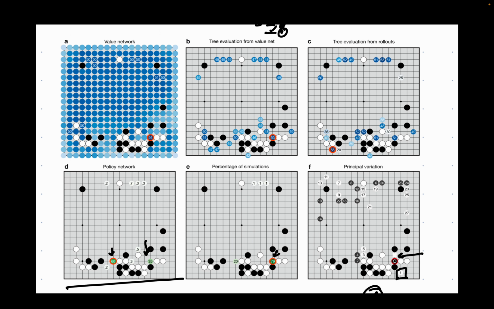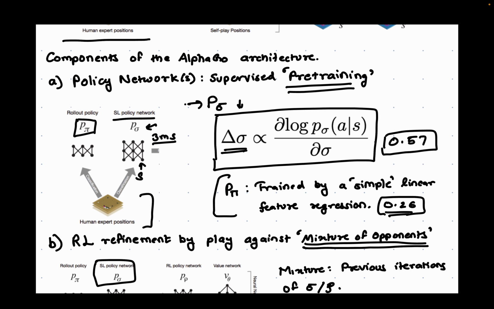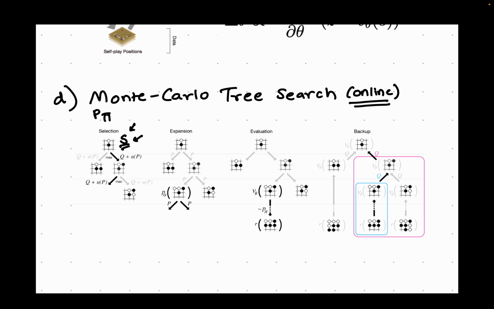So I hope you have a grasp of how AlphaGo works from this discussion. It basically has these three components, two of which are trained by supervised learning, with some fine tuning using reinforcement learning. And Monte Carlo tree search is actually the common way of doing reinforcement learning without using neural networks.